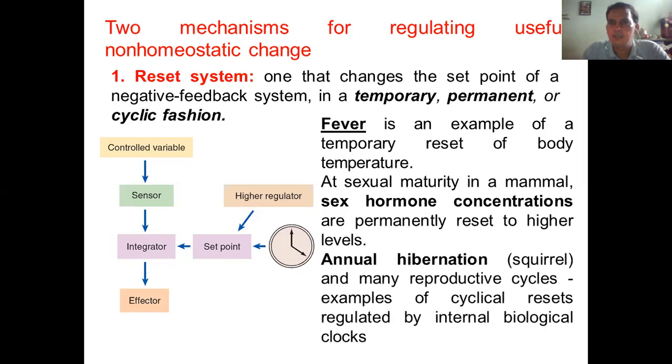Another is annual hibernation in squirrels. This is kind of cyclic. Every winter this will be on, and when summer comes it will be off. So it is kind of an internal biological clock that regulates. This is temporary but cyclical.